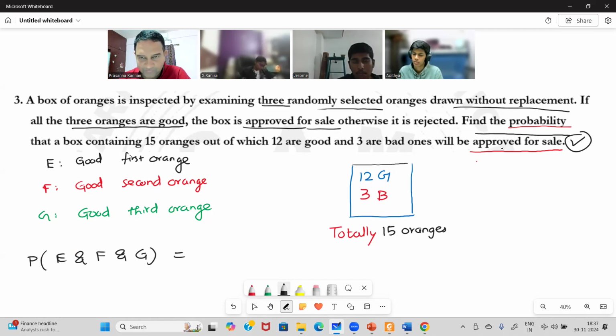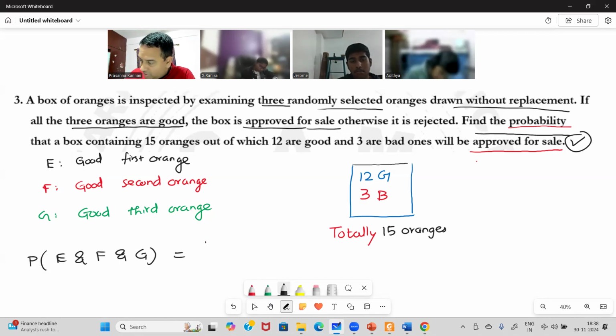What is the probability? 4, sir. 4 by? 52. Now come back to this sum. How many oranges are there? 15. How many good oranges are there? 12, sir. How many bad oranges are there? 3. What is the probability of taking out a good orange? 12 by 15. Very good. Now you understood? Yes, sir.